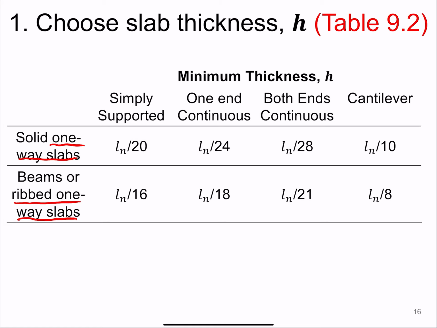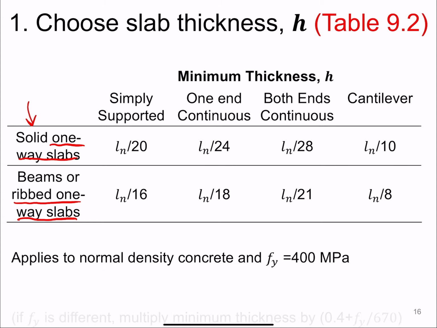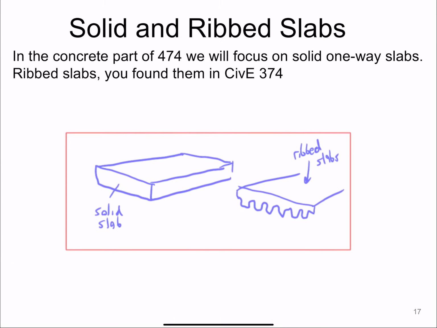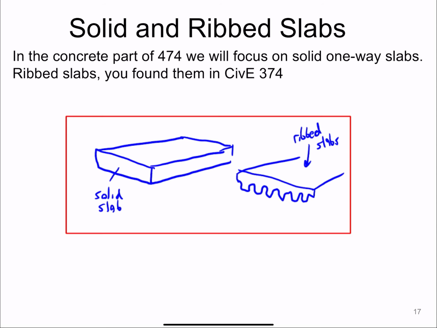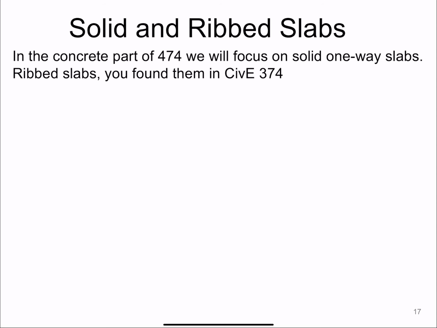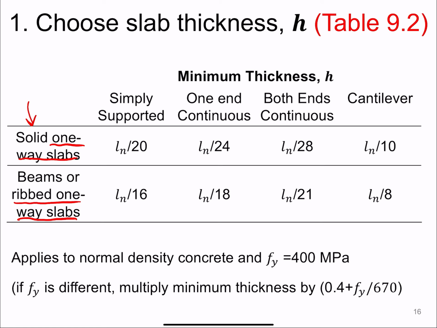We will see in a minute how they look. Flat or solid and ribbed slabs. Well, sneak peek, let's go to the next slide and you take a look at what a solid and ribbed slab is. So that's how they look. Depending on which sort of slab you have, if it's simply supported, these are values of minimum thickness you can have.